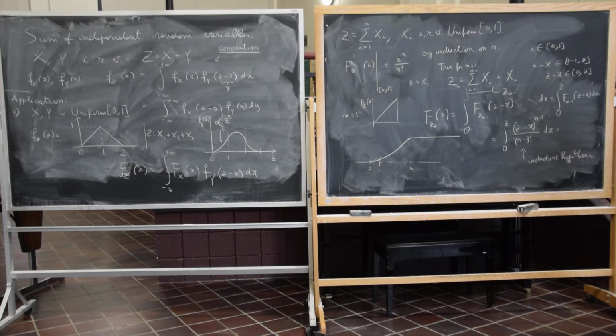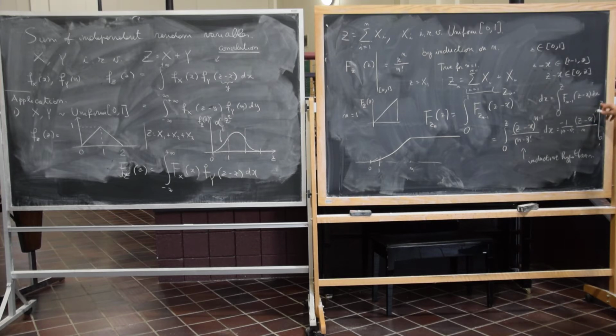When you integrate this object, what is it? Well, the primitive of this function has a 1 over n minus 1 factorial. Then the primitive of this is z minus x to the n divided by n, with a minus sign. And this you want to compute for x that goes from 0 to z.